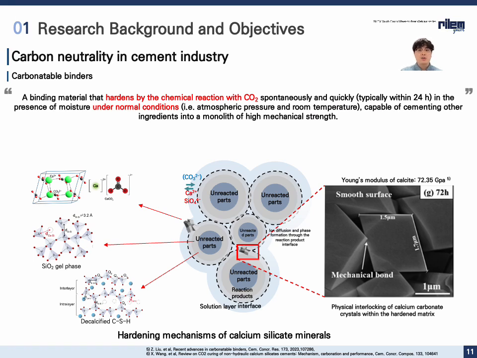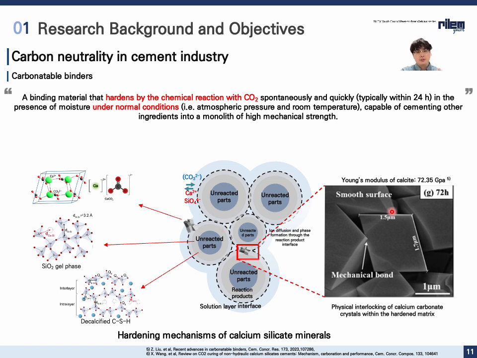This slide shows the hardening mechanism of calcium silicate minerals when exposed to CO2. The carbonation reaction occurs rapidly under normal atmospheric conditions, forming layered reaction products. At the reaction interface, ions such as carbonate, calcium, and silicate diffuse inward, creating a dense interlocking matrix of calcite, silicate phase, and decalcified calcium silicate hydrate (C-S-H).